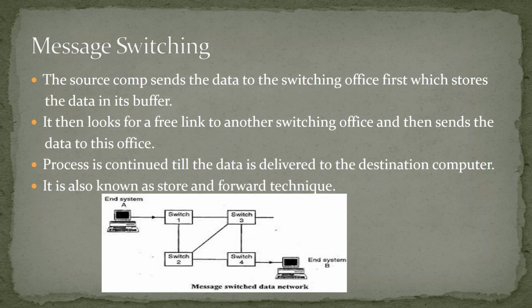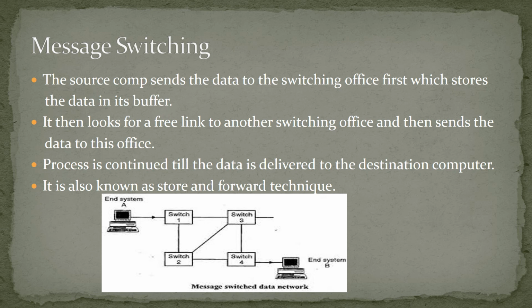Message switching. In this type of switching, the source computer sends the data to the switching office, that is the server. The switching office stores the data, and then sends it to the other switching office, that is another server.